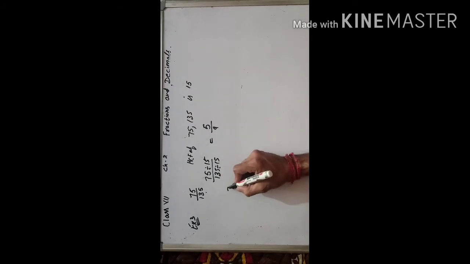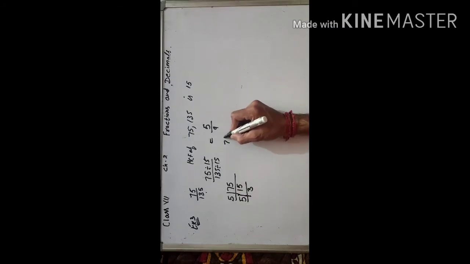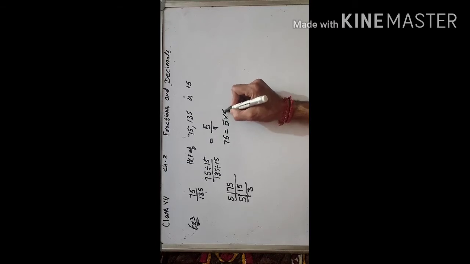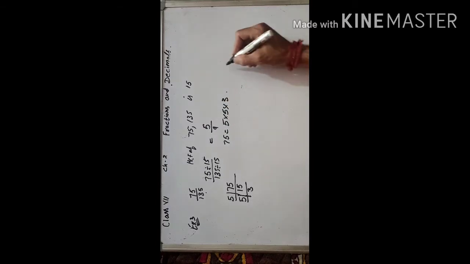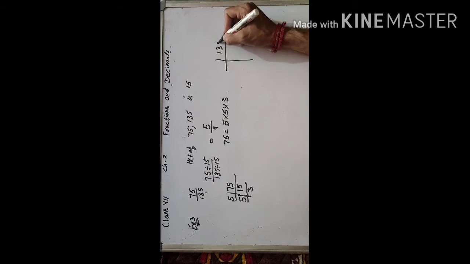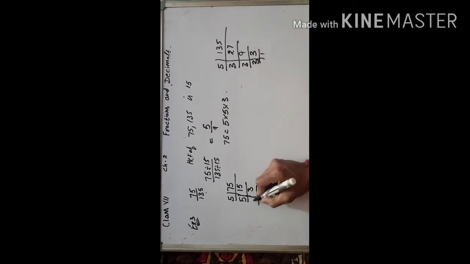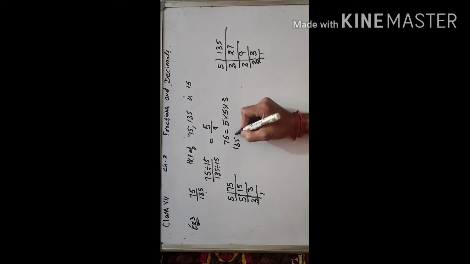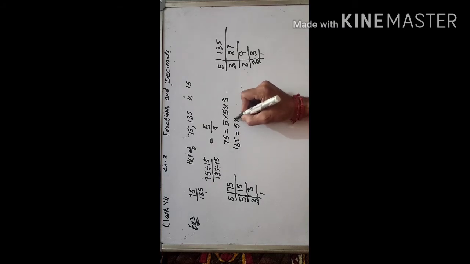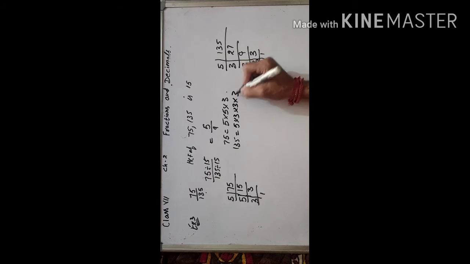Or you can make the factors. Another method is, 75 is equal to 5 into 5 into 3, and make the factors of 135 also. 135 factors are 5 into 3 into 3 into 3.